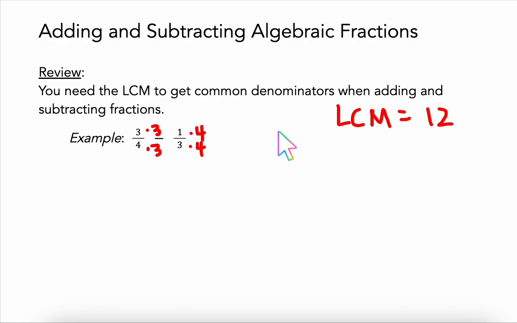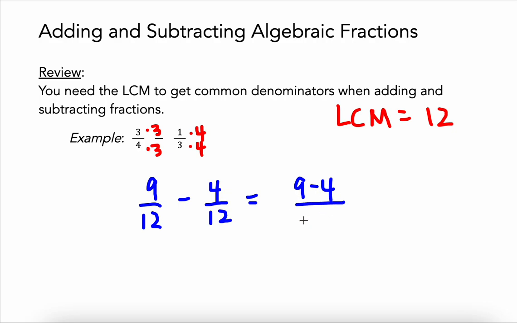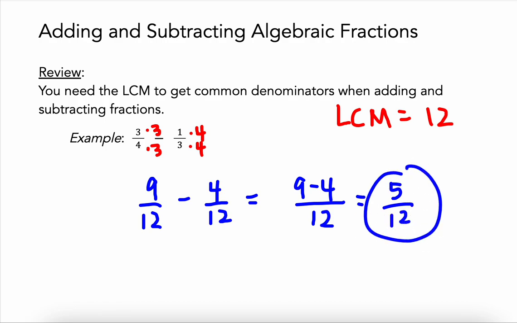So at the end, we will end up with 9/12 minus 4/12. And then we know that that's the same as 9 minus 4 for our numerator over 12. So at the end, we get the answer of 5/12.